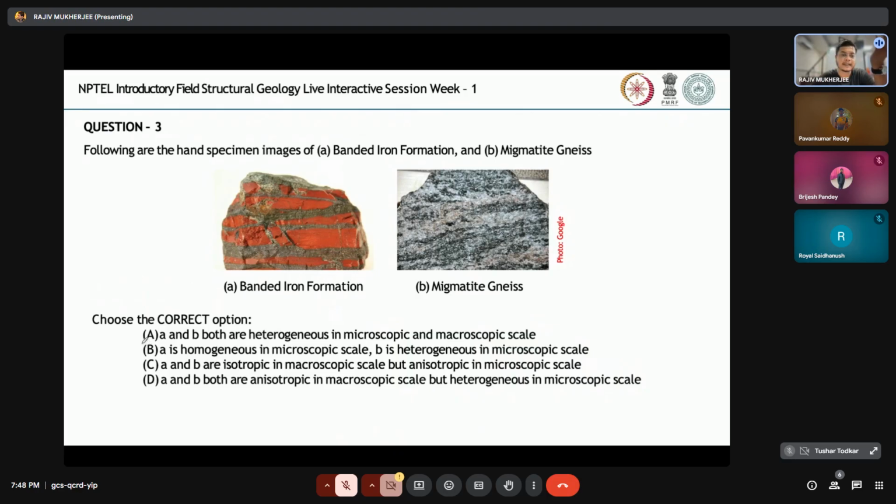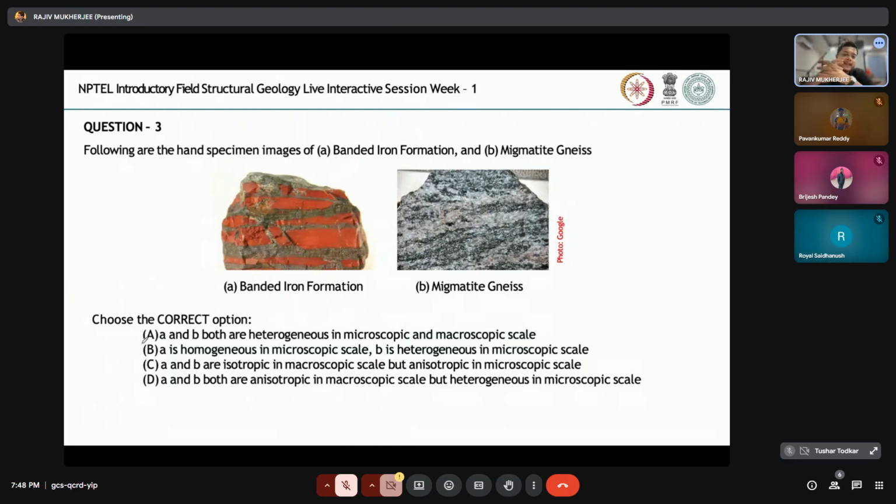Second option is that A is homogeneous in microscopic scale, B is heterogeneous in microscopic scale. That means if you prepare thin sections and slides, observe them through the microscope, you will see that banded iron formation, BIF, is actually homogeneous, and the gneiss is heterogeneous.